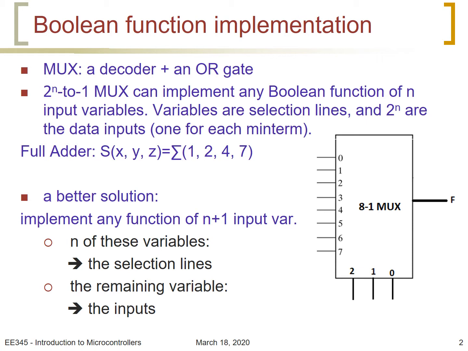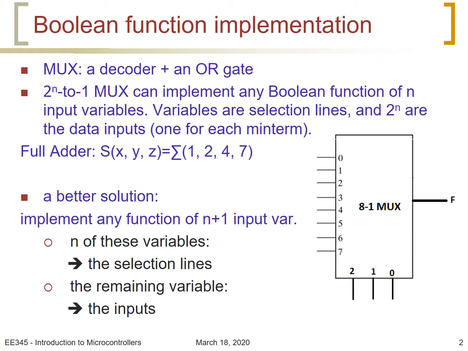Based on this fact, we can state that any multiplexer that has 2 to the n inputs and 1 output can be used to implement any Boolean function of n input variables. The variables are used as the selection lines, and the 2 to the n data inputs are used one for each minterm. Let us give you an example.